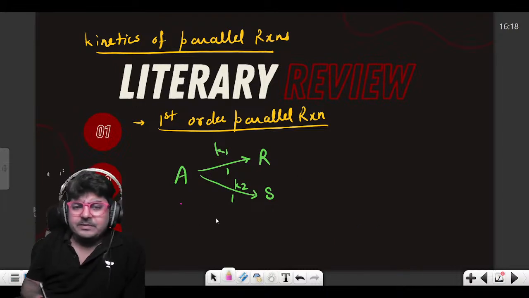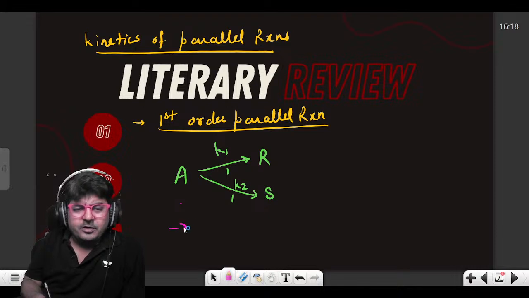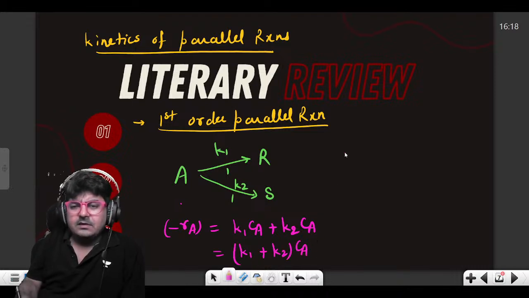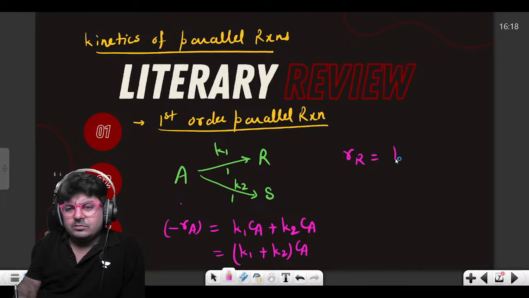So what will be the rate equations? For A, minus RA equals K1 CA plus K2 CA, or you can write it as K1 plus K2 times CA. RR will be equal to K1 CA only and RS is equal to K2 CA only.